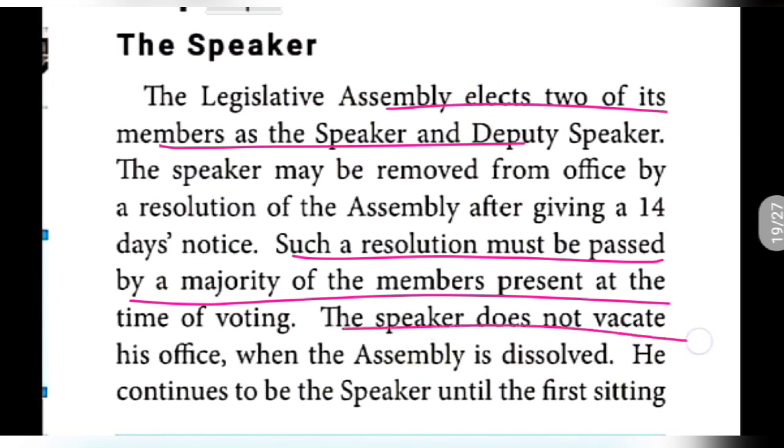The speaker does not vacate his office when the assembly is dissolved. So when the assembly is dissolved, the particular speaker need not move from his post. He need not vacate his office. He can continue to be a speaker until the first sitting of the new assembly.